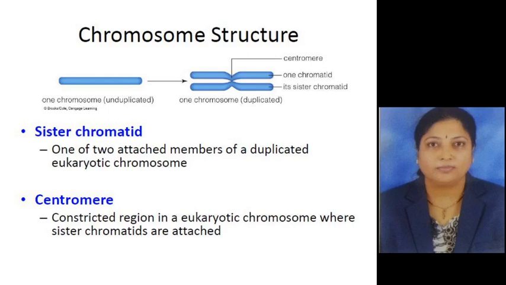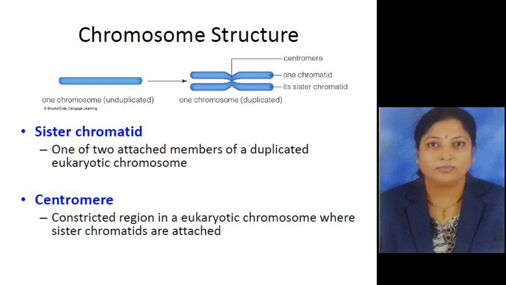Next, the centromere. The centromere is formed in the eukaryotic chromosome where sister chromatids are attached. Each chromosome has a constriction point called the centromere, which divides the chromosome into two sections or arms. There is one centromere on each chromosome.